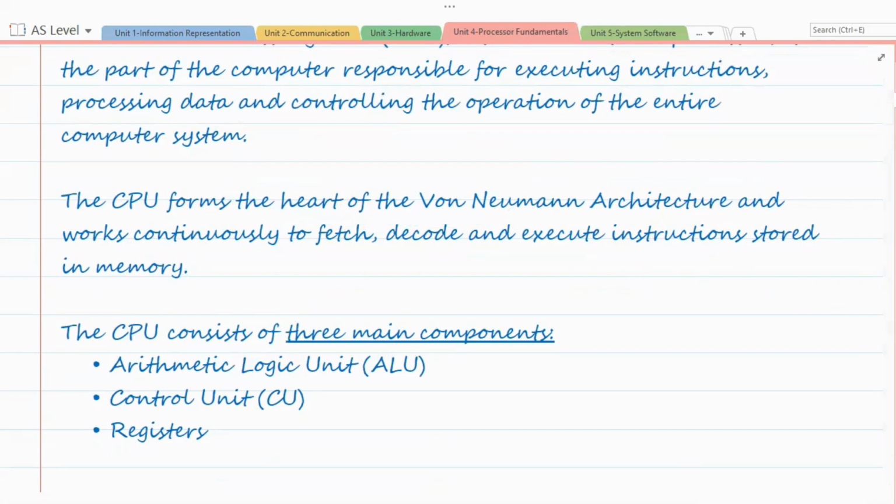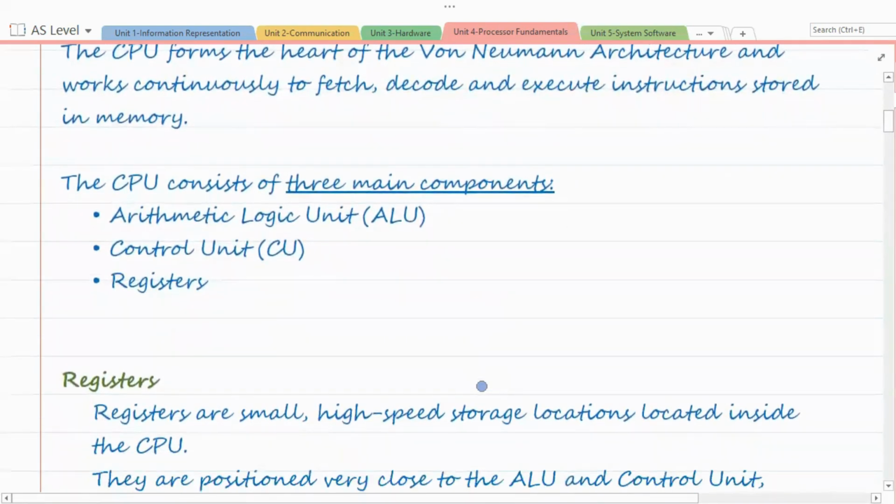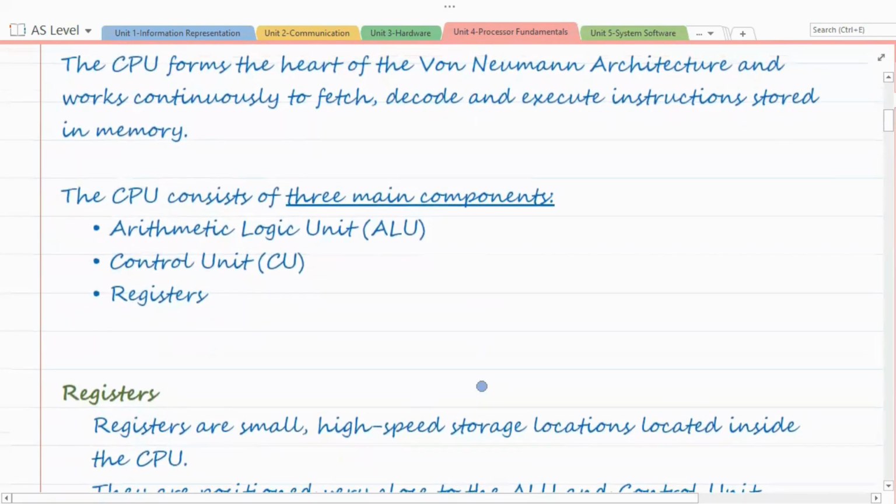in memory. The CPU basically consists of three main components: arithmetic logical unit, control unit, and registers. The arithmetic logical unit performs arithmetic calculations, logical operations, etc. The control unit acts like a manager.